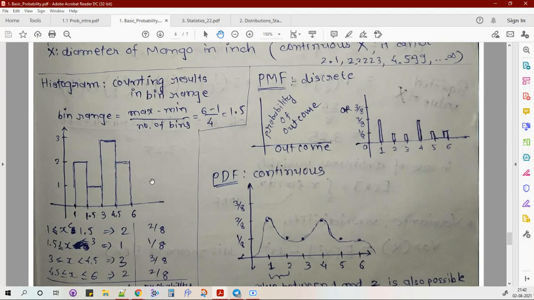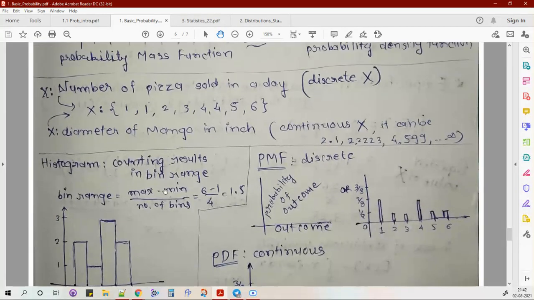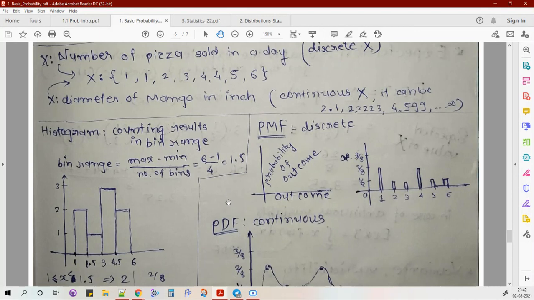And how can you decide the width of a bin? That you can decide using the number of bins. How small a bin you want to take, or how much information you want for the given range, is decided by the number of bins.